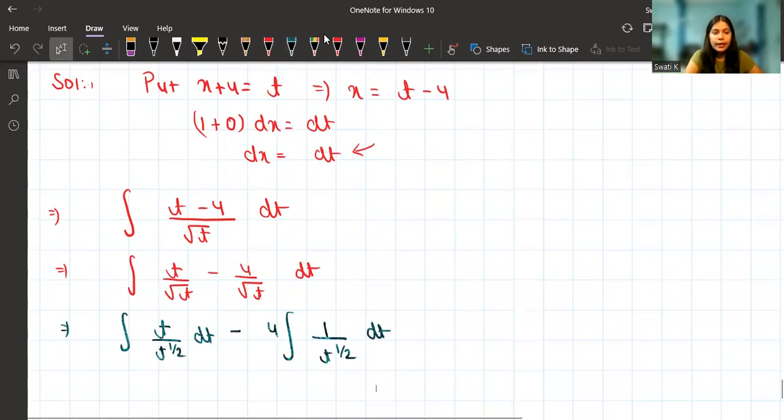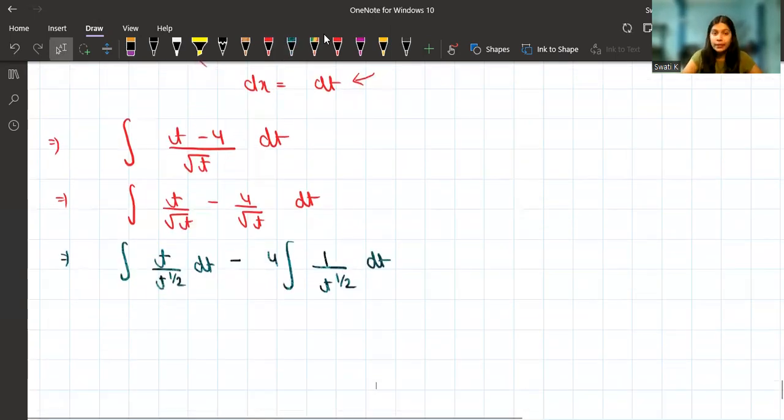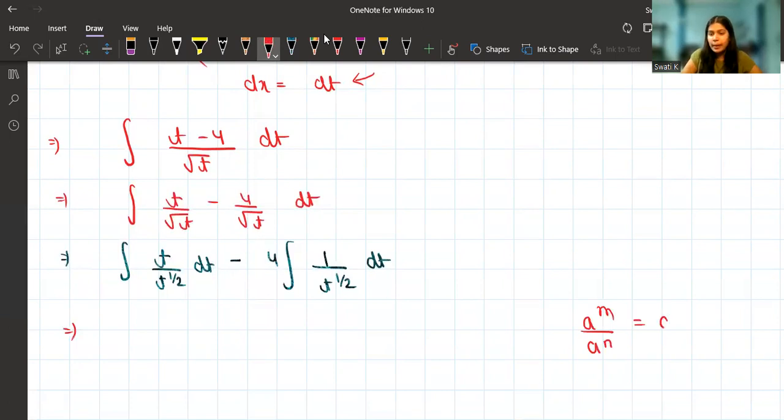Let's move ahead. Here you can use the property of exponent, and that is if you have a raised to m upon a raised to n, that means a raised to m minus n. So using this property of exponent, you can write this as integration t raised to 1 minus 1 upon 2 and then dt. There is another property that you are going to use here.